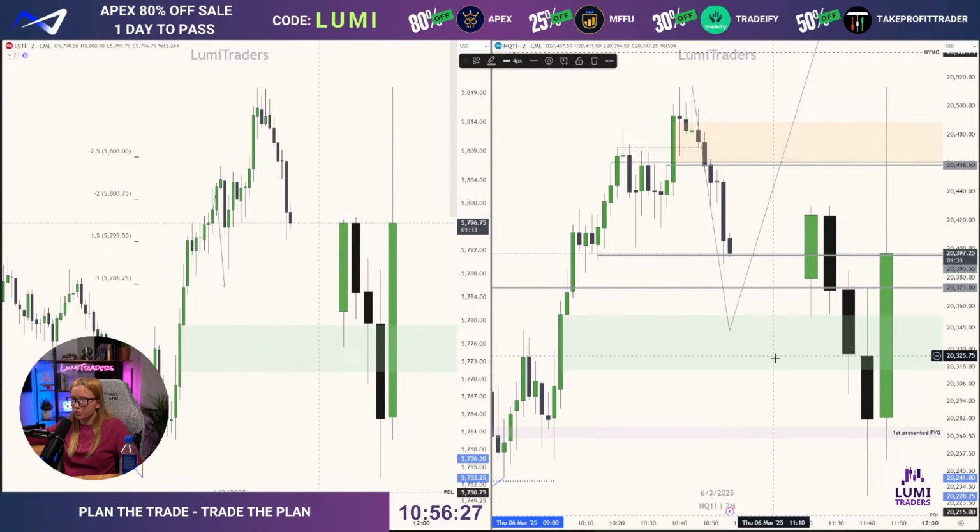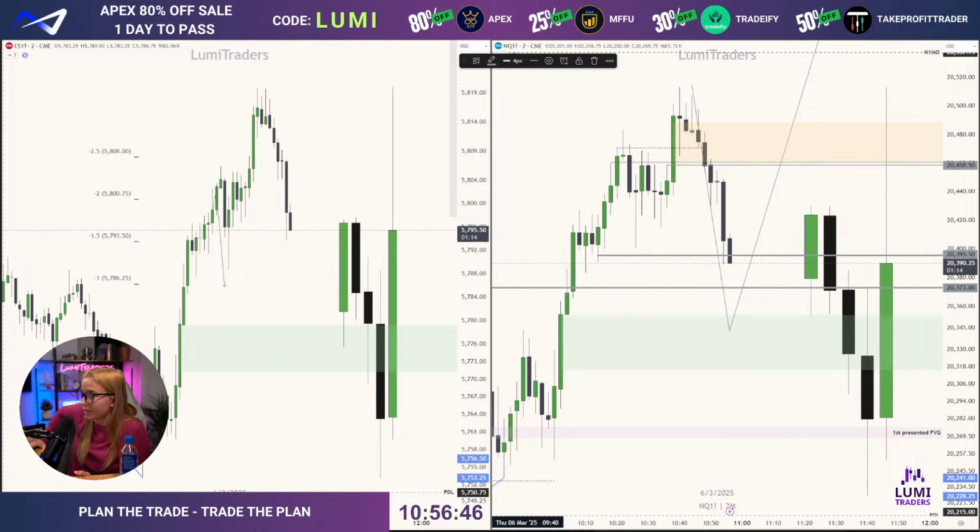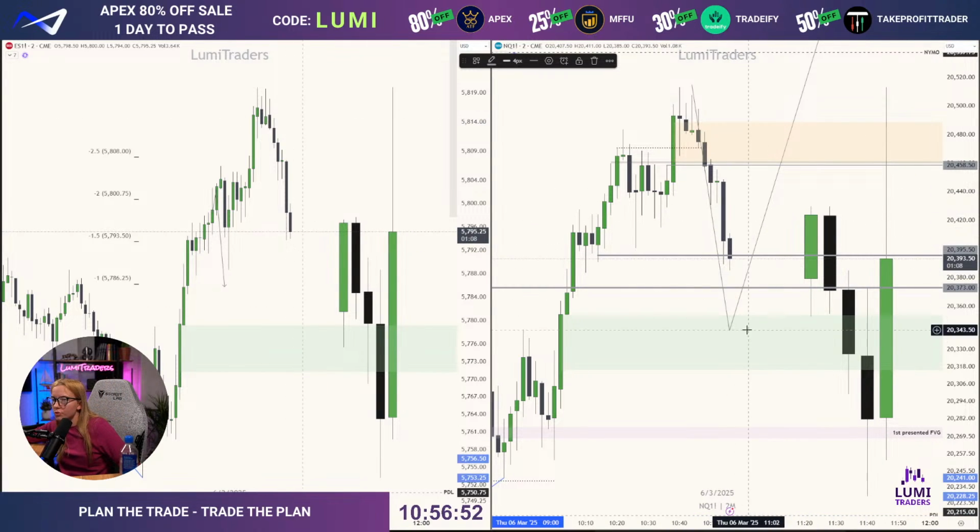This is a breaker block on the 15-minute chart, which is also lower. I like how it retraces this 15-minute fair value gap. That's amazing. Just a bit lower will be much better. Need to see a bit lower. Not ready to long from here yet, at least.